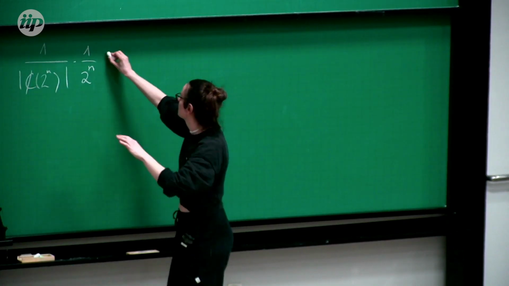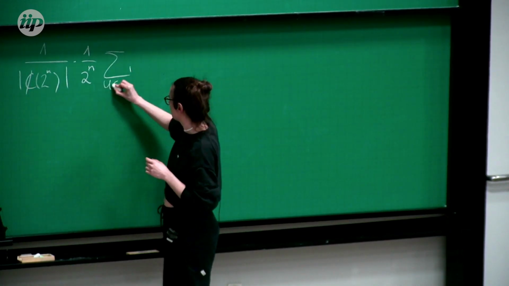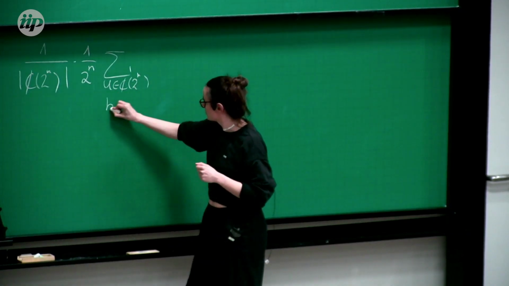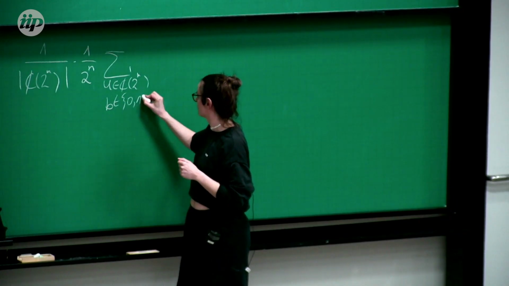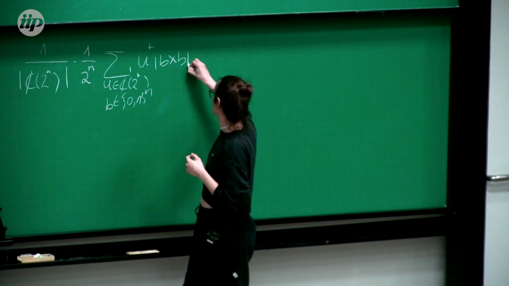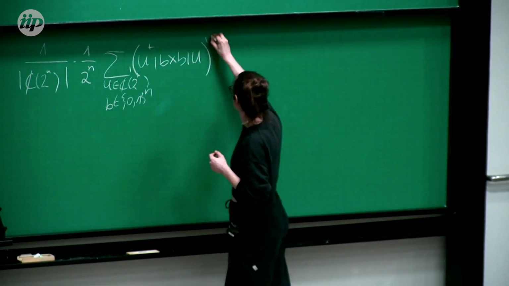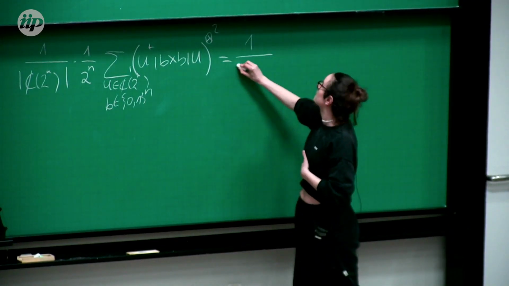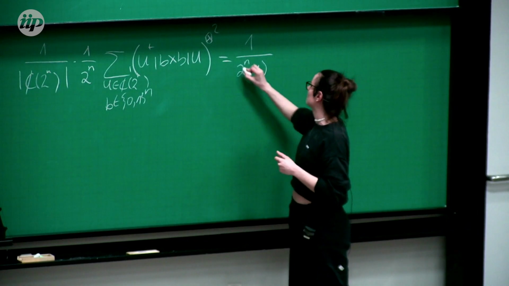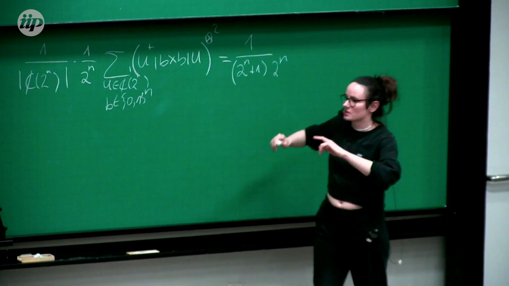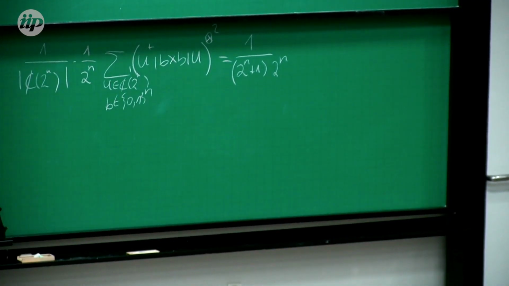Then we have the sum over my Clifford group, all my bit strings, u dagger b u equals the prefactor, and then, because t equals 2, we have 2 terms in our sum.